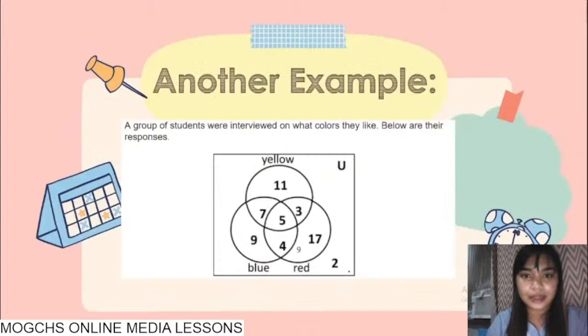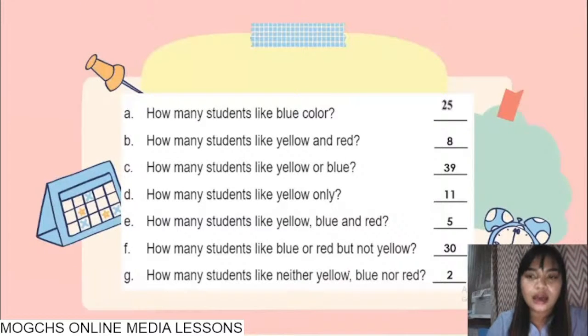Another example. A group of students were interviewed on what colors they like. Below are their responses. We have 3 colors: yellow, blue, and red. So how are we going to solve that? These are the questions.